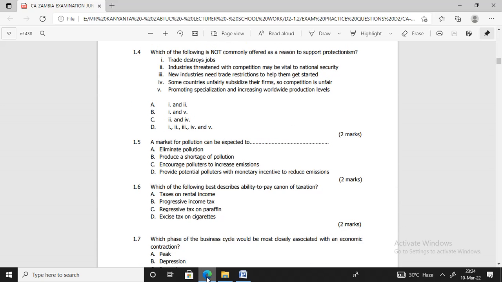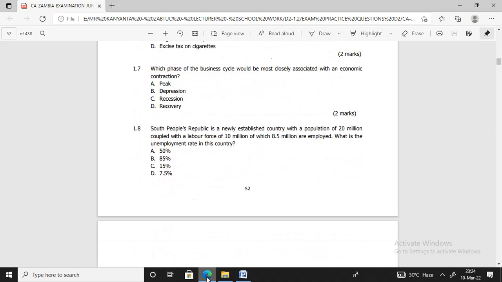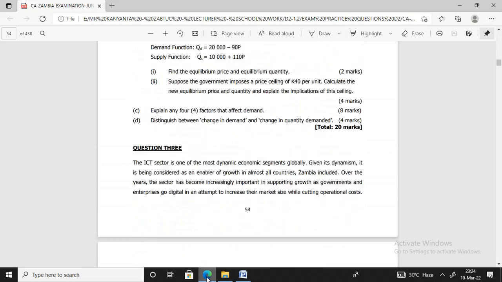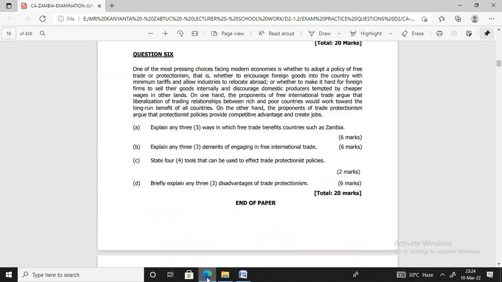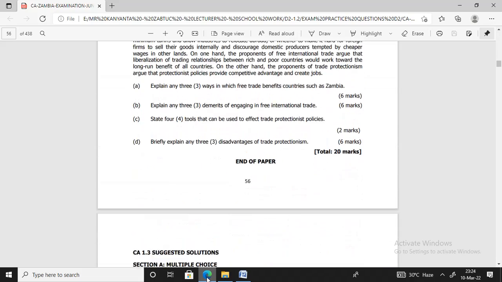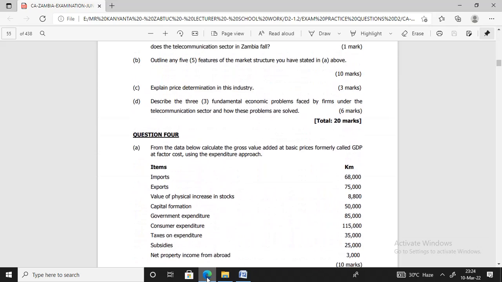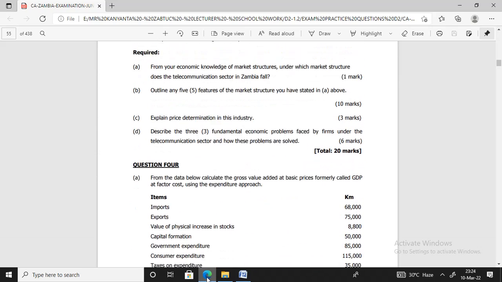We had done section A, question 2 and question 3, so we'll pick it up from question 4.